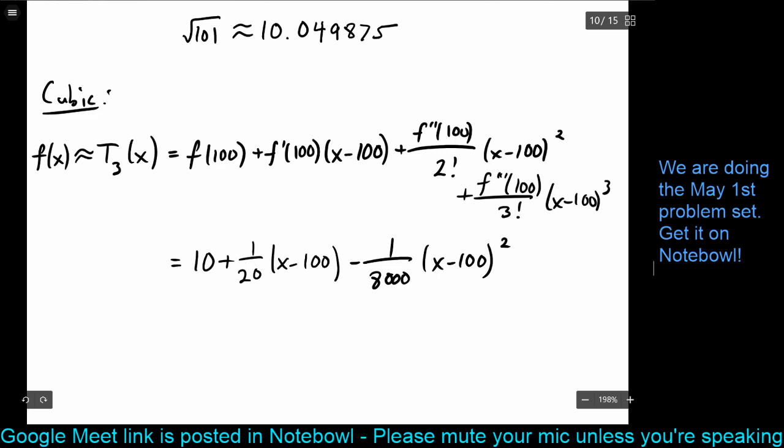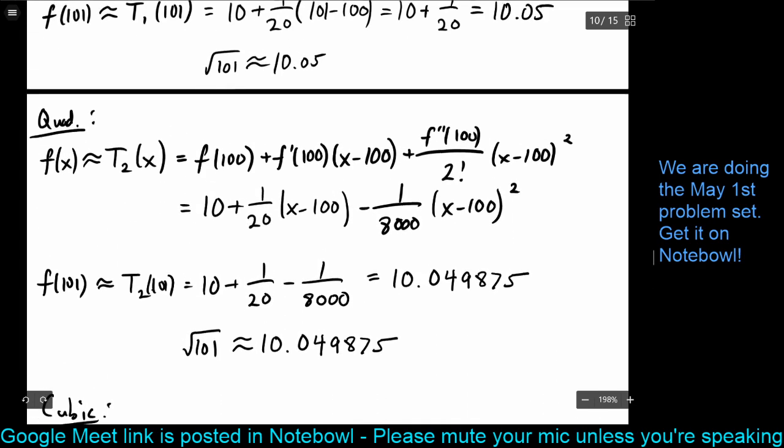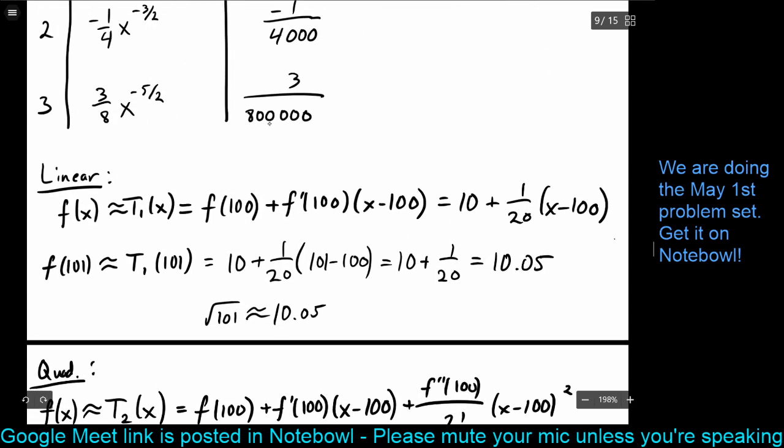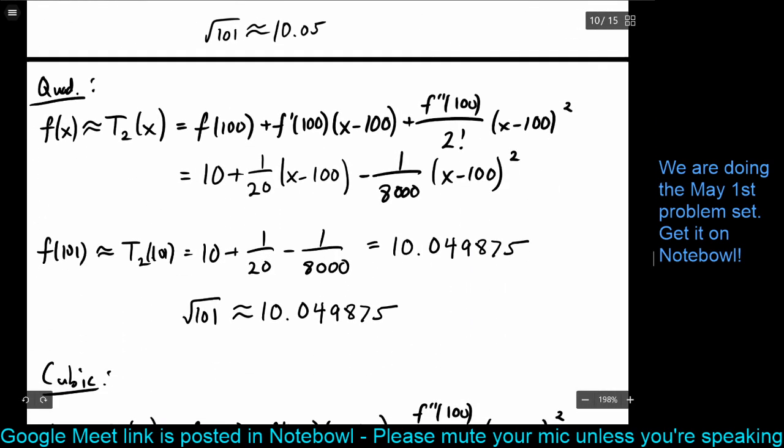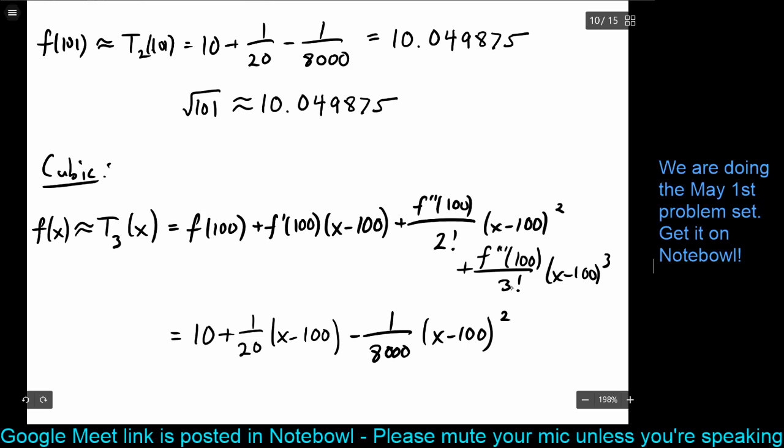Remember, f triple prime of 100 was 3 over 800,000. So when we divide it by 3 factorial, we end up with 1 over 1.6 million, times x minus 100 cubed.